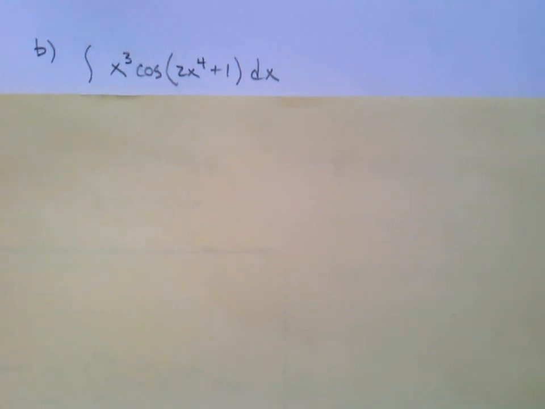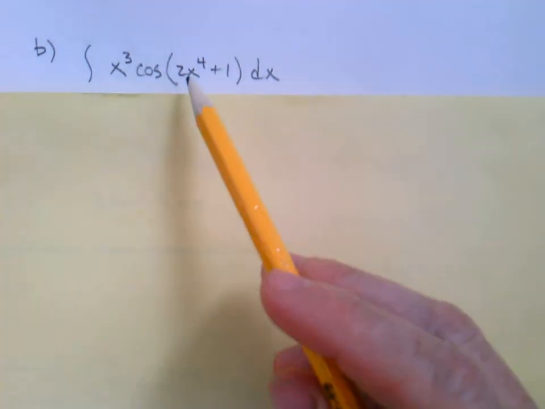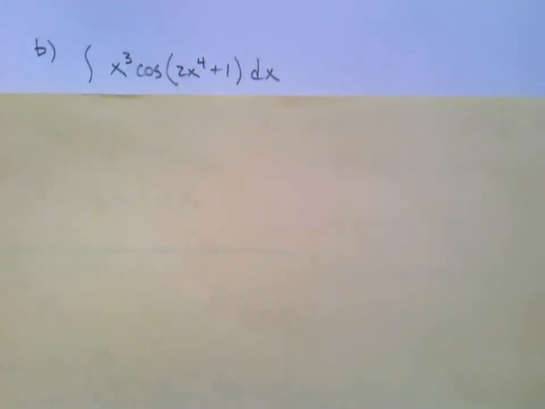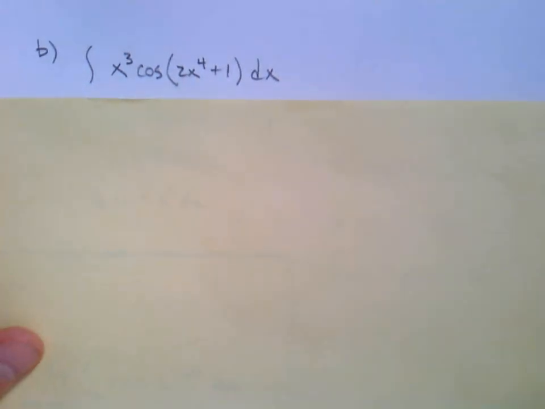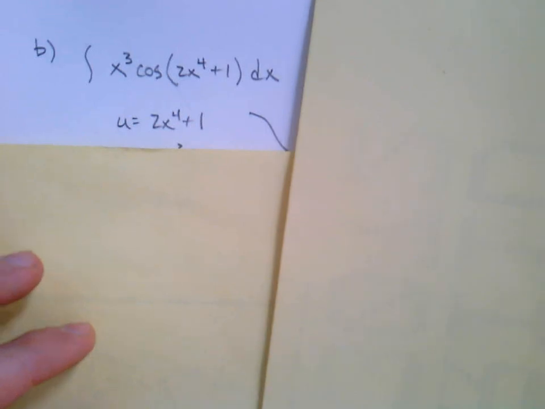Okay, how about this one? The integral of x to the third times the cosine of 2x to the fourth plus 1. Well, that's really just a more difficult version of the one we just did with sine. So what if I make what's in the parentheses my u? It's typically what happens.